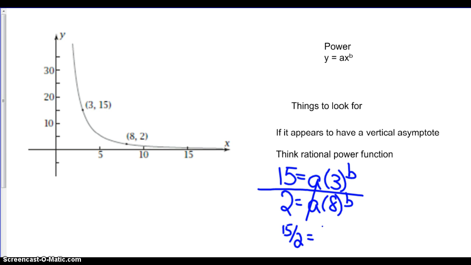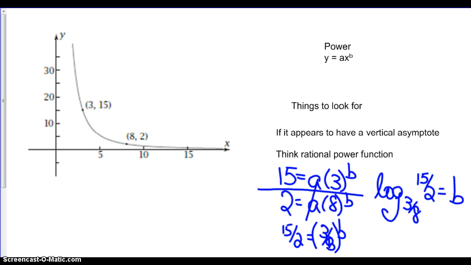The a's cross out, and because they're both raised to the b power, 3/8 would just be raised to the b. You can then convert that to a log, base 3/8 of 15 over 2, and that will give you b.